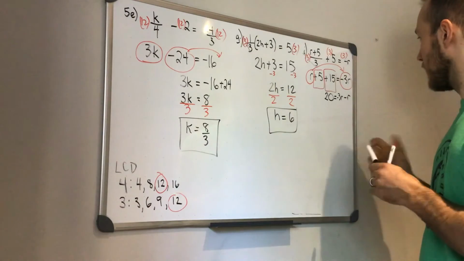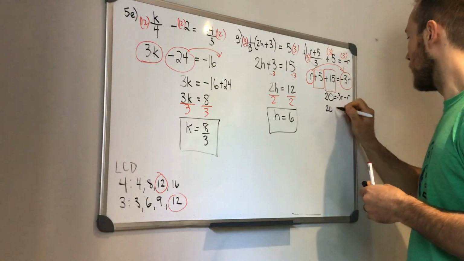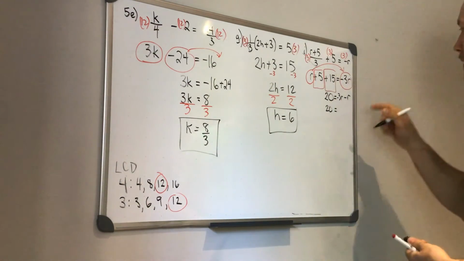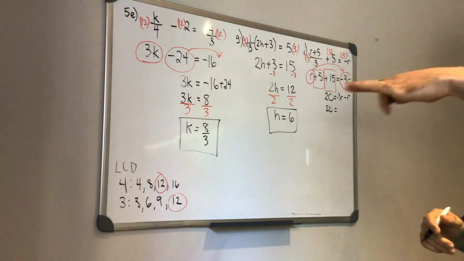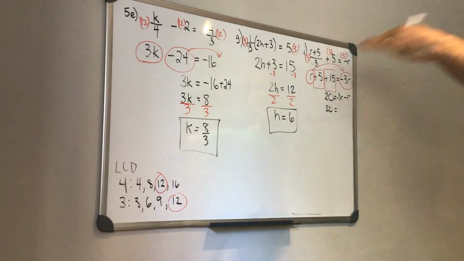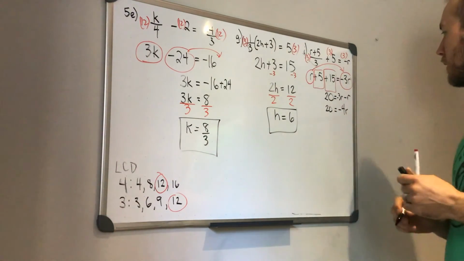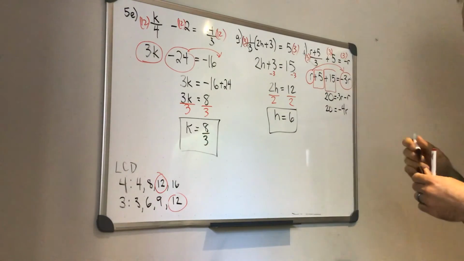So we are left with 20 equals negative 3, take 1 more away. Picture if it's negative 3 degrees outside and it gets 1 degree colder, we're now at negative 4. So we have negative 4r.